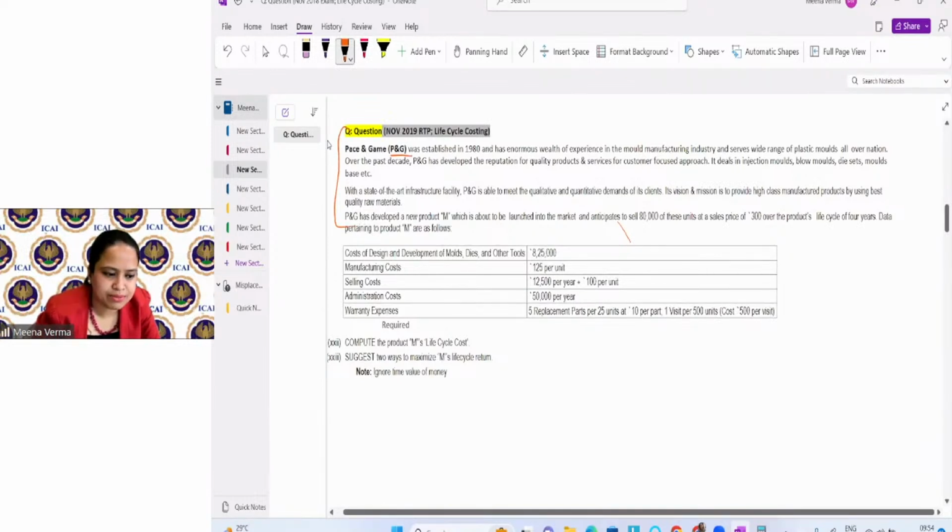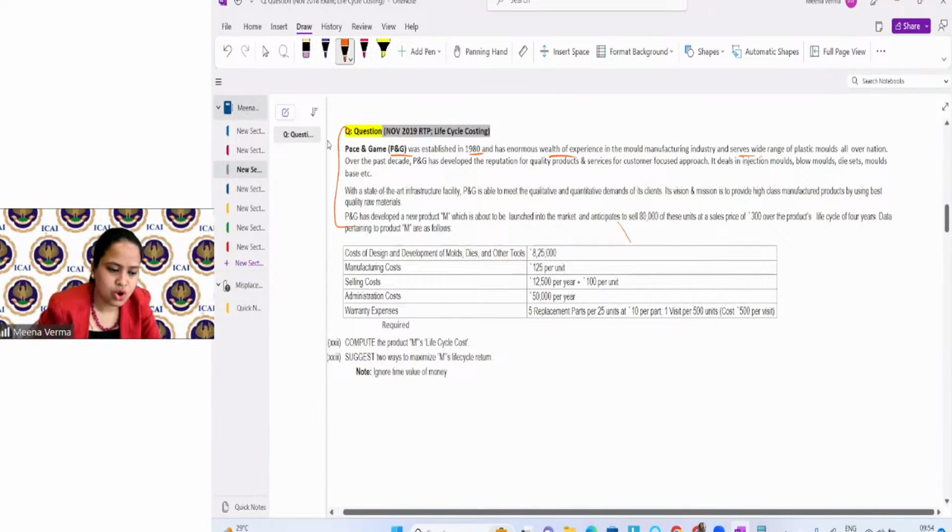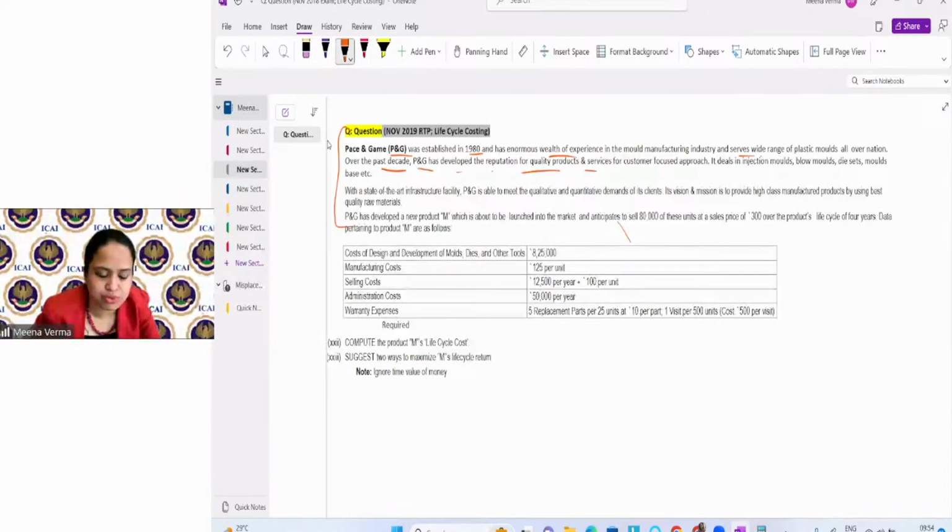PNG, Pace and Game, was established in 1980, has an enormous wealth of experience in the mold manufacturing industry and services a wide range of plastic molds all over the nation. Over the past decade, Pace and Game has developed a reputation for quality products and services with a customer focus approach. See, what is their approach? I told you we have two approaches: product focus and customer focus.